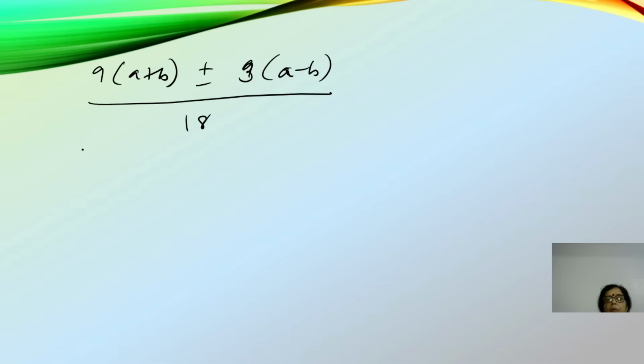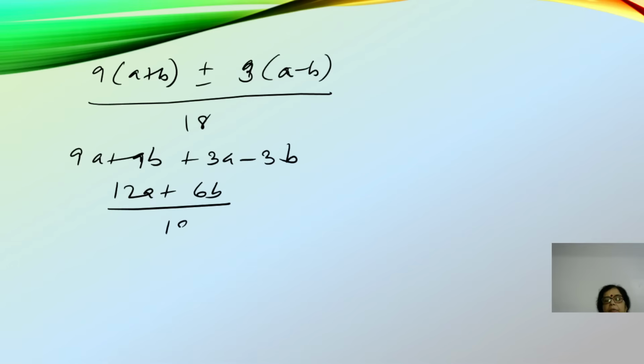So if we take the positive sign, it will be 9a plus 9b plus 3a minus 3b. So this becomes 12a plus 6b by 18. That is equal to, if we take out 6 common, (2a plus b) by 3.